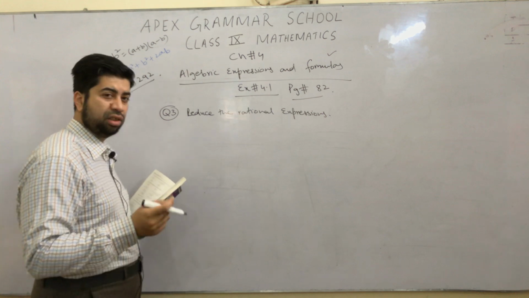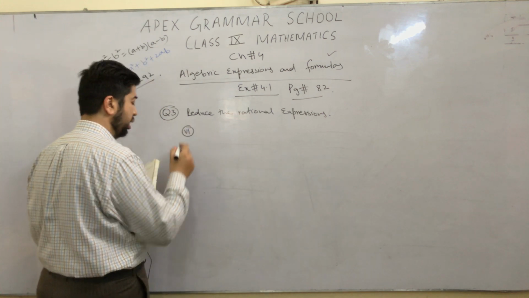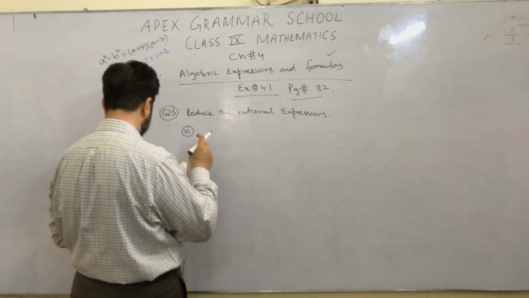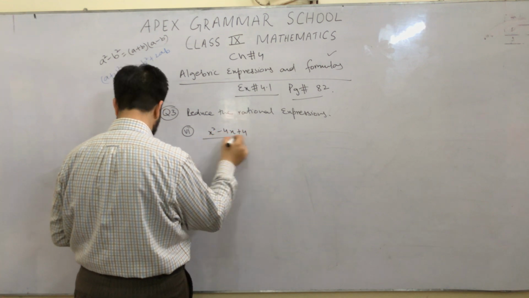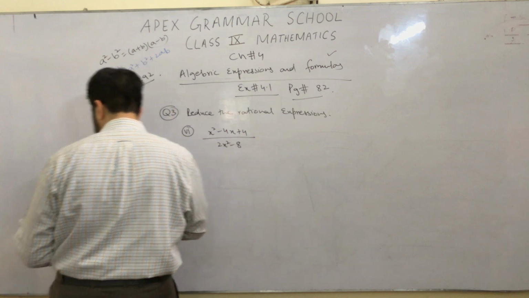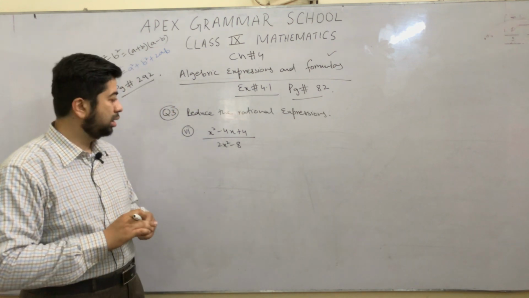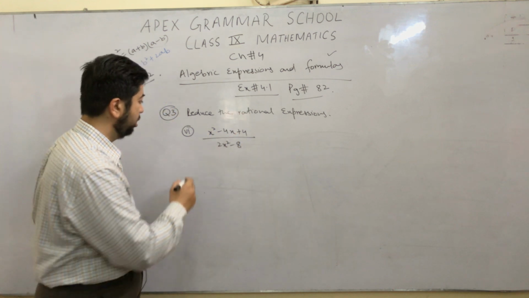Question number 5 is just similar to this one. Now I'm going to write part number 6 of question number 3. x square minus 4x plus 4 divided by 2x square minus 8. Now think about which formula is going to be made.